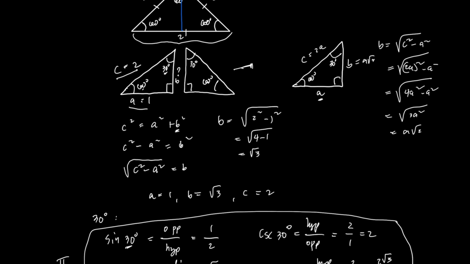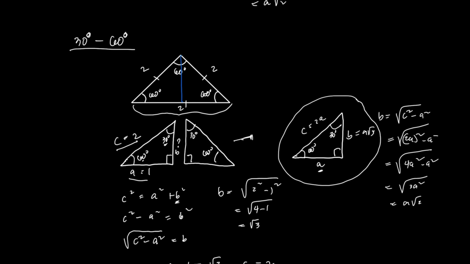So the B here is A square root of 3. This is the generalized form. Take note, guys, that all the sides here are expressed in terms of A.